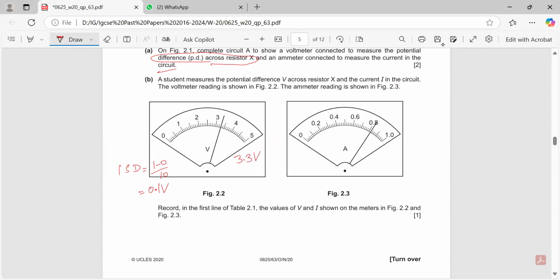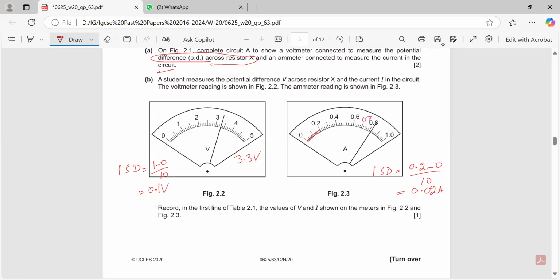Now what about the ammeter reading? We can check that one small division is equal to 0.2 minus 0 over 10, so it means 0.02 amperes. Now see, 0.6, 0.62, 0.64, 0.66, 0.68, it means this is 0.7.